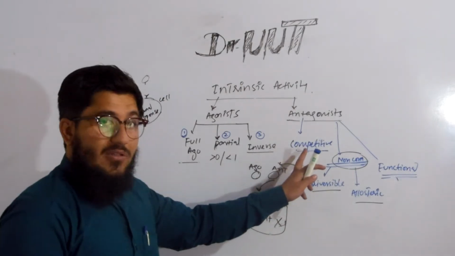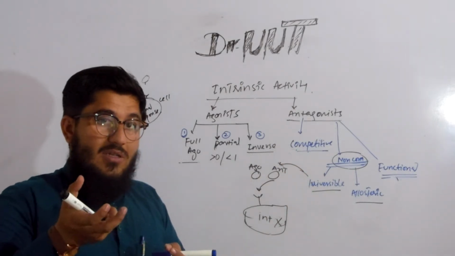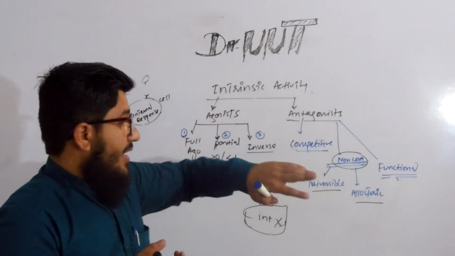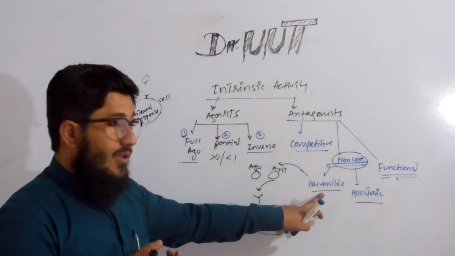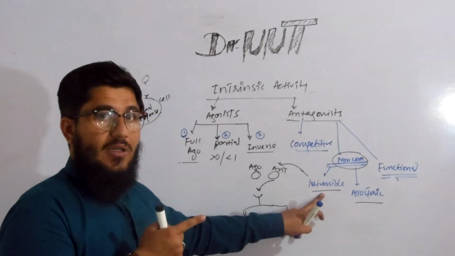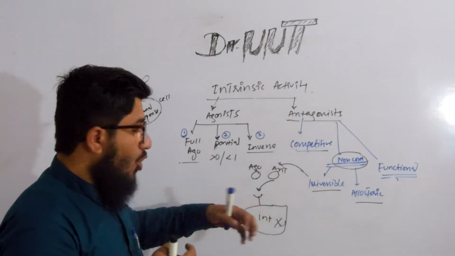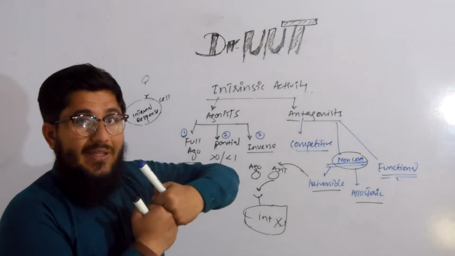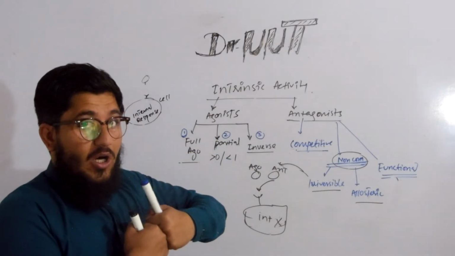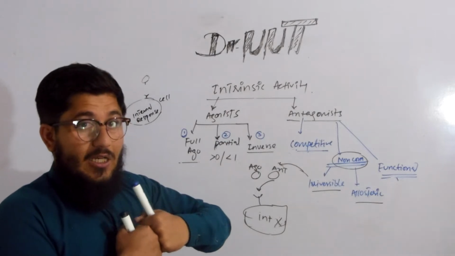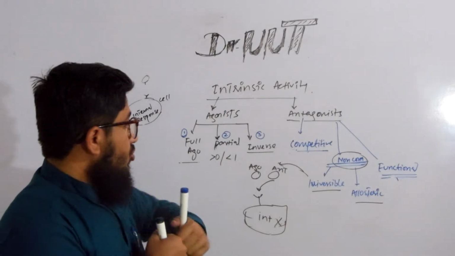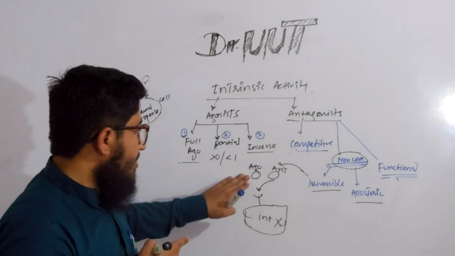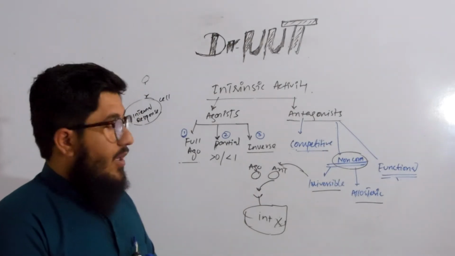Like competitive, if you increase the agonists, the antagonists will take a side. But in case of irreversible, as the name indicates, it is irreversible. This antagonist will covalently bind with the receptor. Then no internal signals will be given to the cell to show actions. So however you increase or decrease the concentration of agonist, nothing is going to happen.